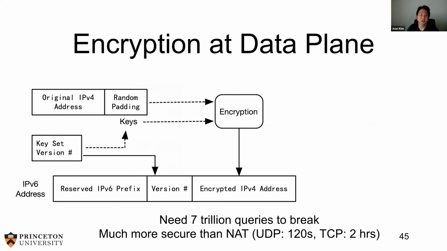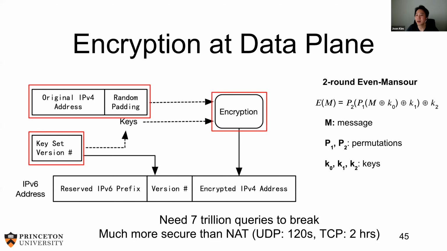Cool. So here's a bit more detail on how encryption works at the data plane. This is how it works. For example, for IPv4 to IPv6 encryption, you have the original IP address, you add some random padding to make it longer, and you have a key set version, and using those, you do encryption.